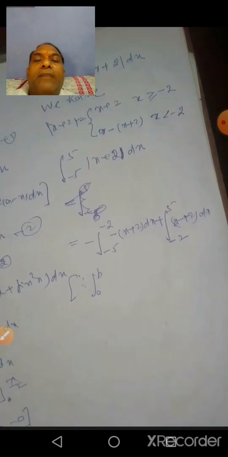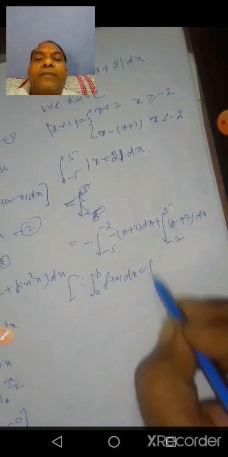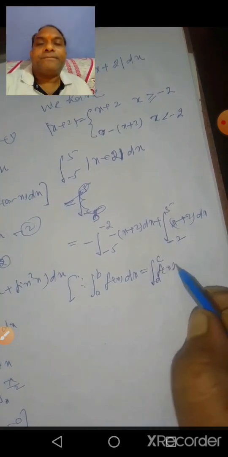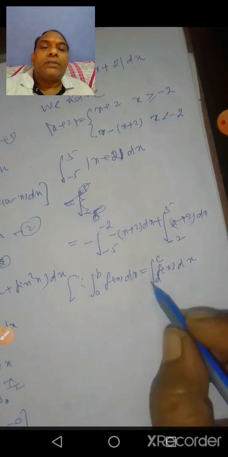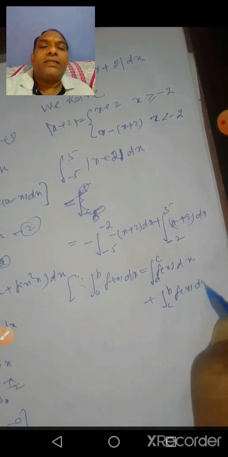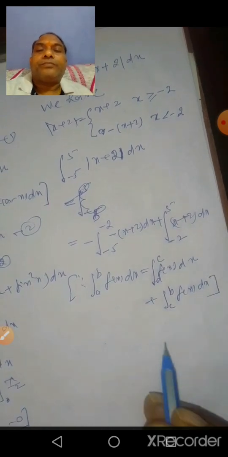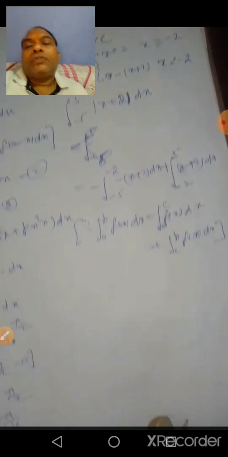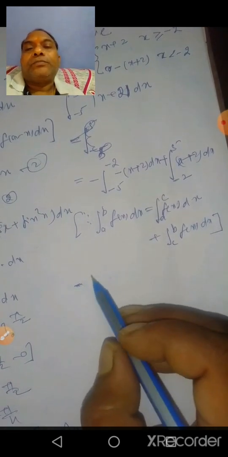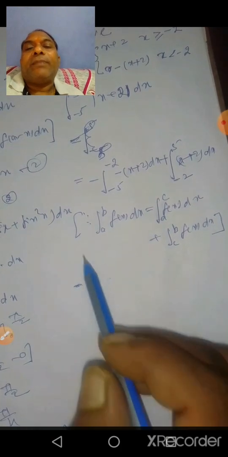Here we use this property: integration a to b f(x) dx is equal to integration a to c f(x) dx plus integration c to b f(x) dx, where c is lying between a and b. So this will be equal to, now integrate and apply the limit, then you have the answer.